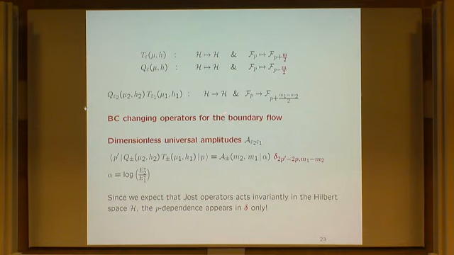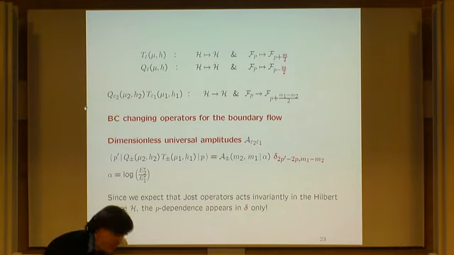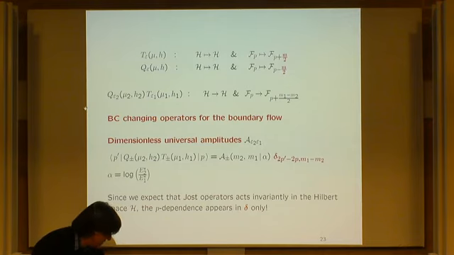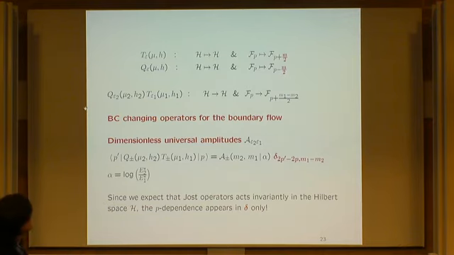This operator plays the role of changing the boundary, because the boundary here is controlled by one set of parameters, this is another set, and mu and h are different sets. So this bilinear combination is a kind of analog of the boundary condition changing operators.